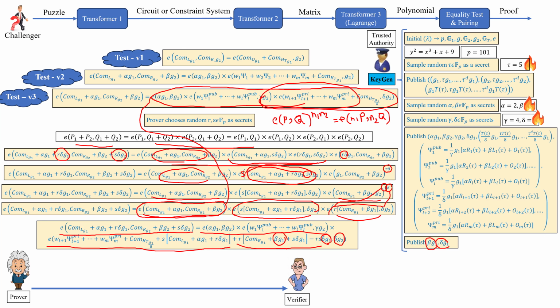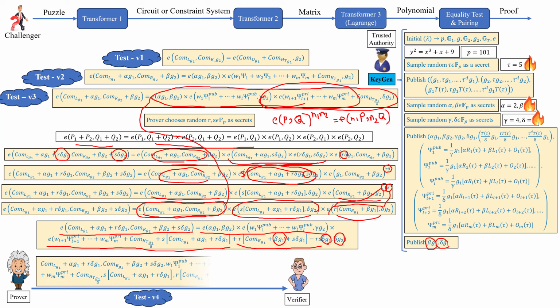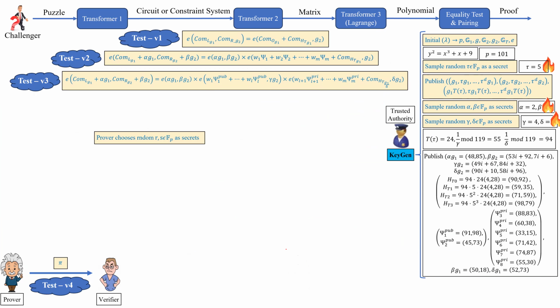So these 2 values are computed by the trusted authority, and then this is test version 4. So the prover will send these new values as the proof, and the verifier will check. So let's compute to see whether the test is passed or not.